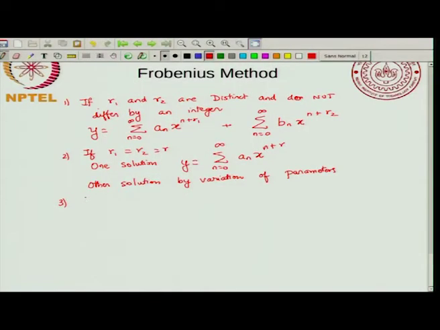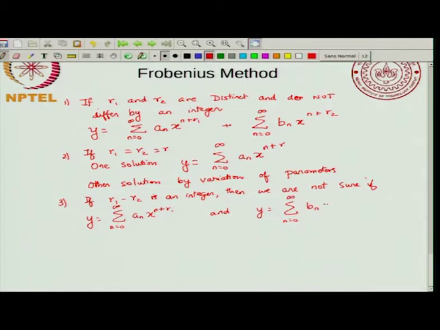Now, the third case: if r1 minus r2 is an integer, then we are not sure if y equal to the sum of a n x raised to n plus r1 and y equal to the sum of b n x raised to n plus r2 are linearly independent.